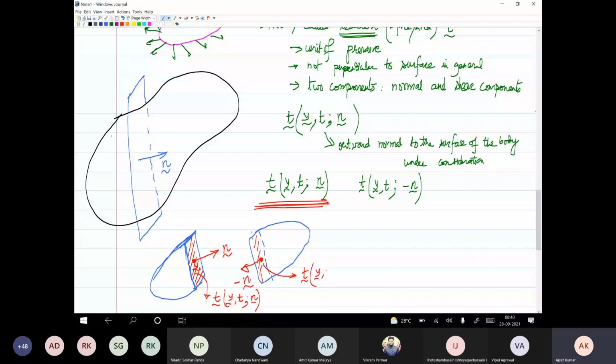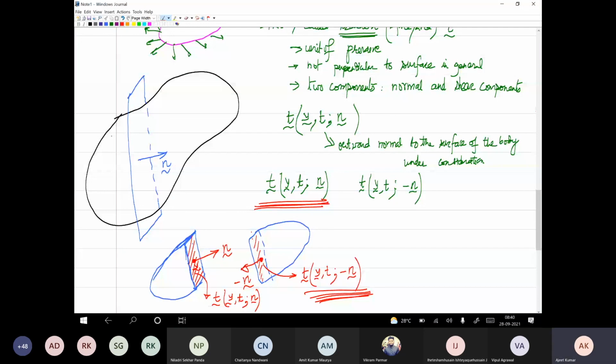The left one is the force applied by the right part of the body on the left. This one is the force applied by the left part of the body on the right part. So obviously they are action reaction pairs, and therefore they are negative of each other from Newton's third law. So this is equal to negative of this.